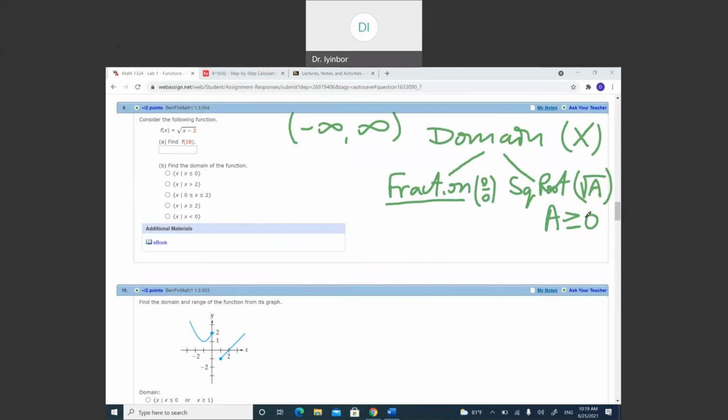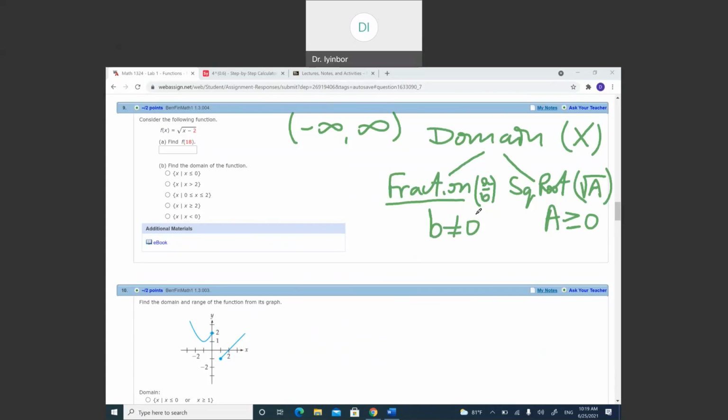Now for a fraction, let's say you have a over b, something over something. Finding the domain means the bottom of the fraction, b, is not equal to 0. That's how you find the restrictions. So for the domain, for a fraction and a square root, you have to do something. For a fraction, the denominator, the bottom of the fraction, cannot be 0.